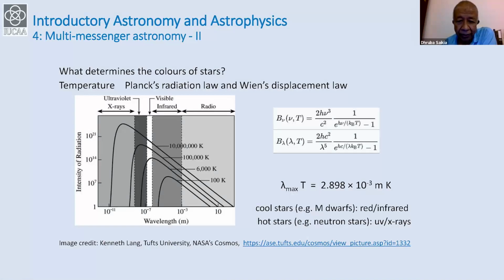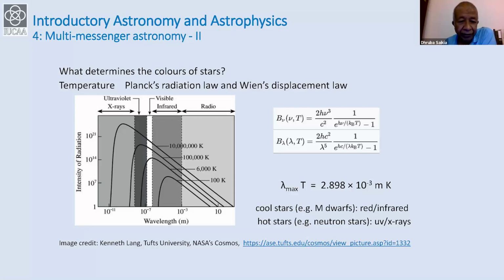Okay, now, extending the black body spectrum to high energies. We talked about the visible and the infrared, but you could also talk about objects which are extremely hot and radiate at high energies, or some at lower energies as well.